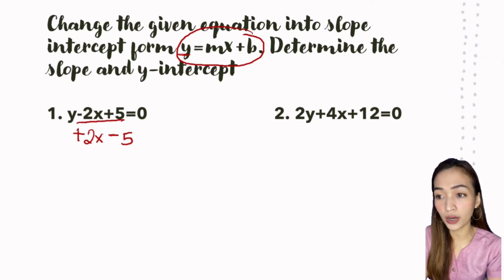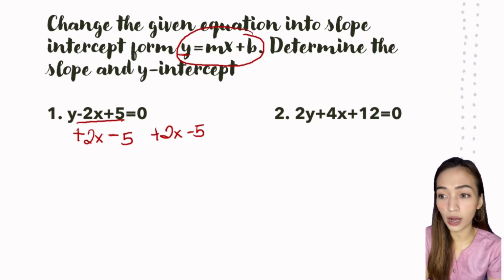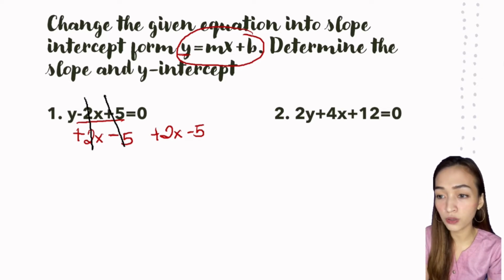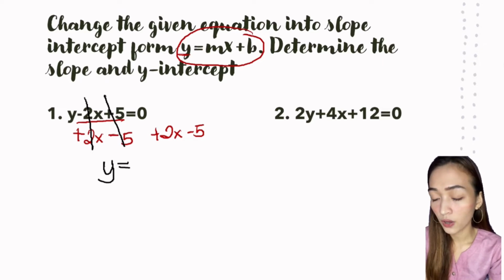And also here in our right hand side, so we have plus 2x minus 5, right? So now to get y, negative 2x plus 2x is 0, and then 5 plus negative 5 is also 0. So now we get y, right? So we have y here. Okay, next, 0 plus 2x minus 5 is 2x minus 5.